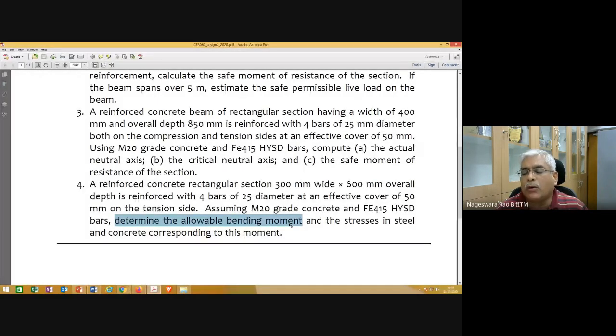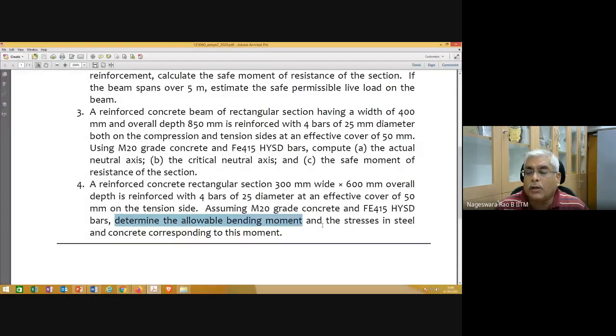Irrespective of whichever reaches its permissible limit first, taking that, you calculate stress in the other one. If concrete reaches its permissible limit first, then using that value you find the stress in the steel.